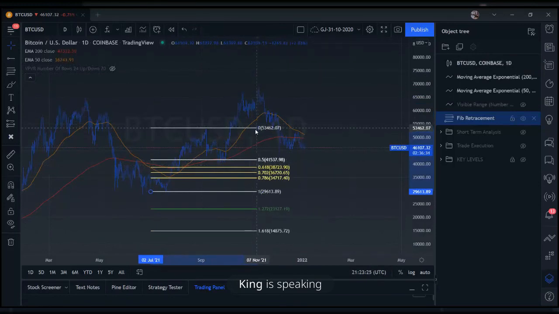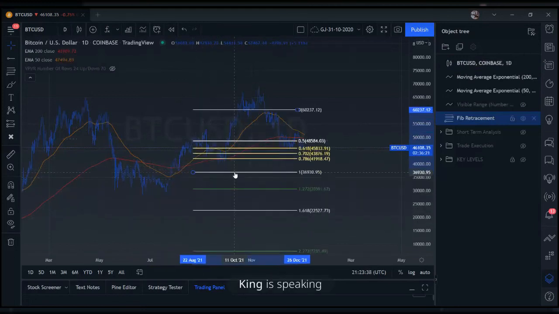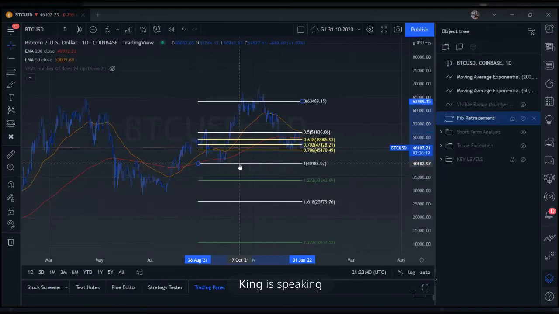So if market structure is strong, you should see the swing trade at the lowest around the 61.8. I don't know about this swing though, this swing looks a bit more technical.